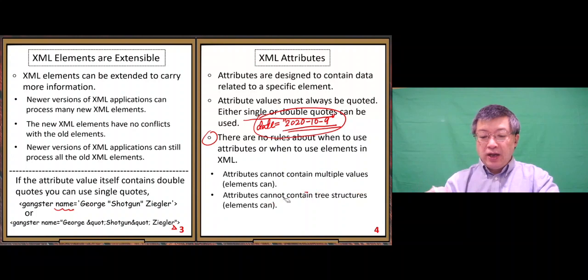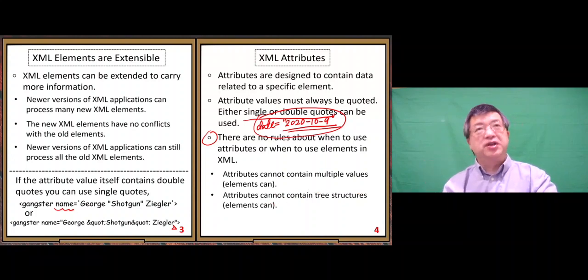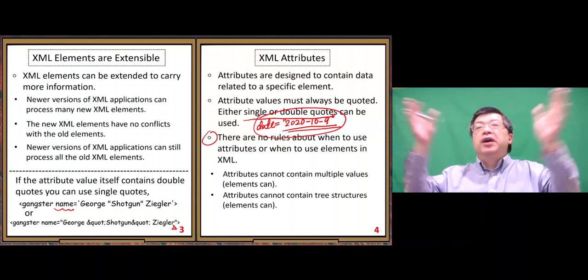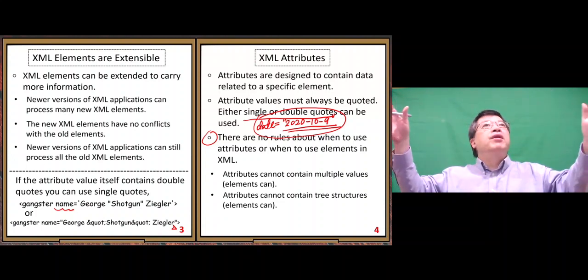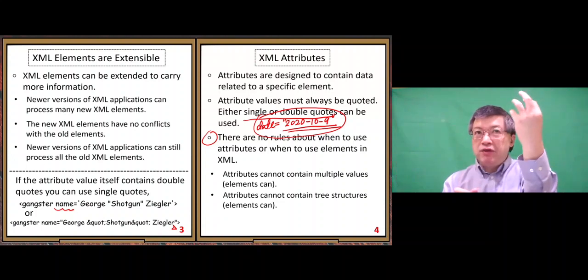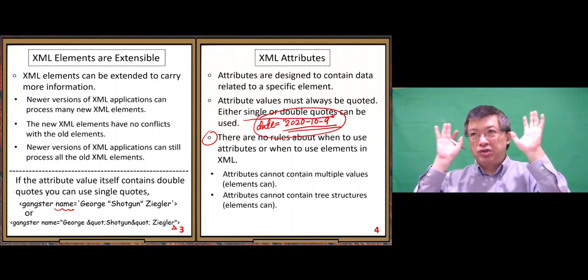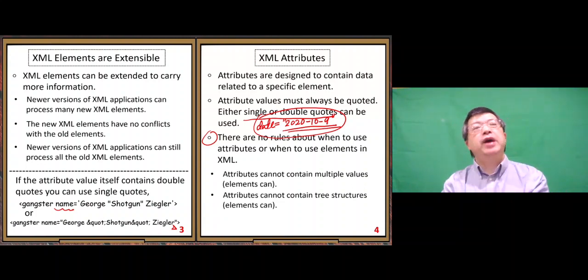Another: attributes cannot contain tree structures. Elements can. So if the information needs to expand later, if you need to keep growing that specific piece, then you should use the element way, not the attribute way.